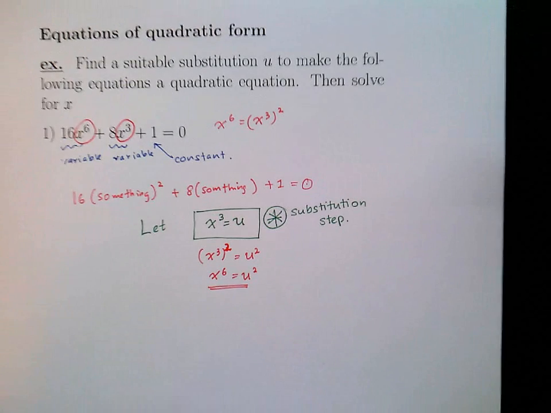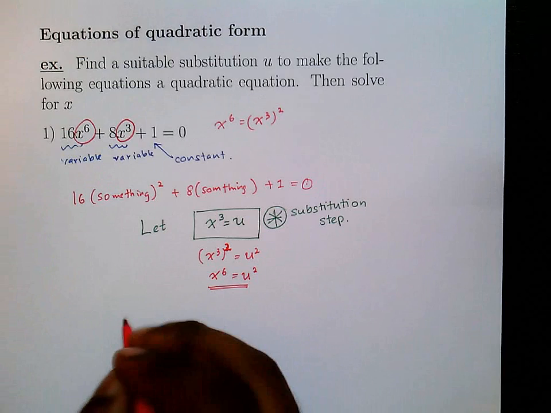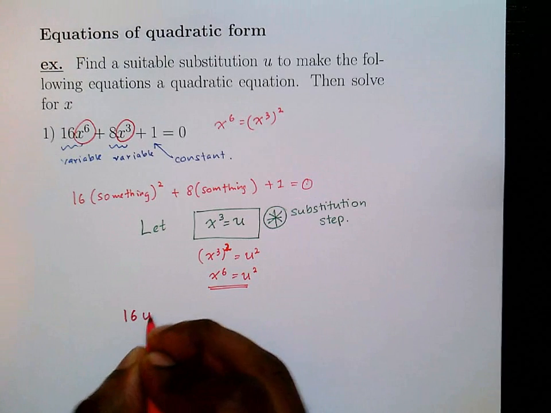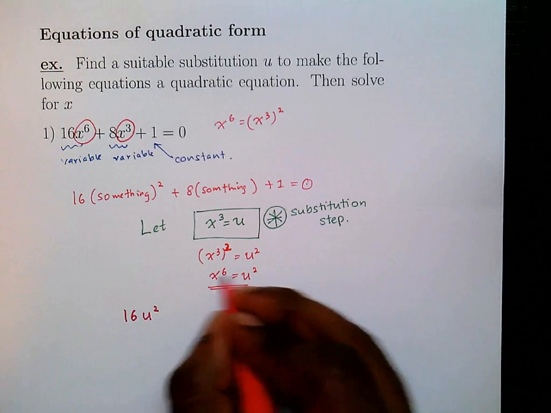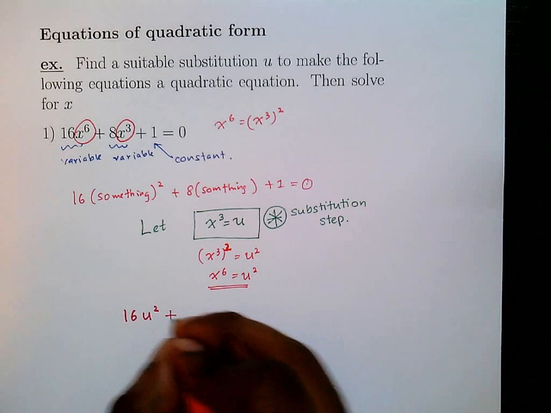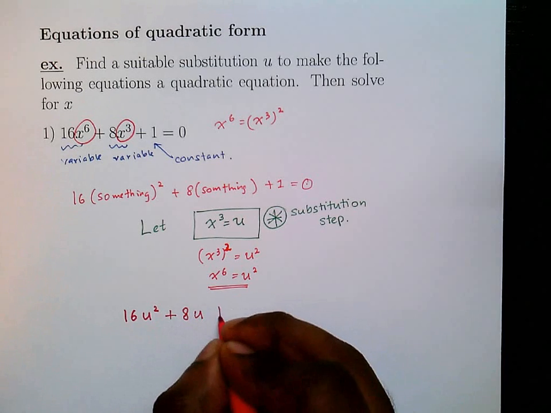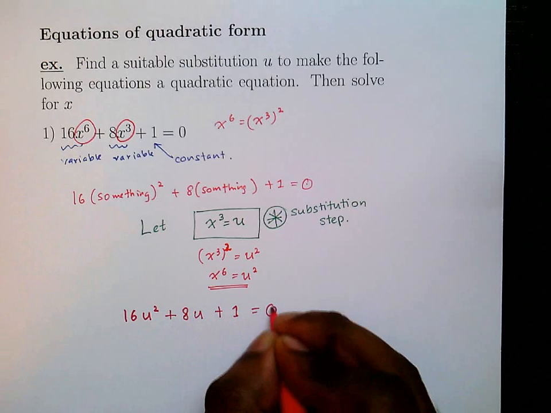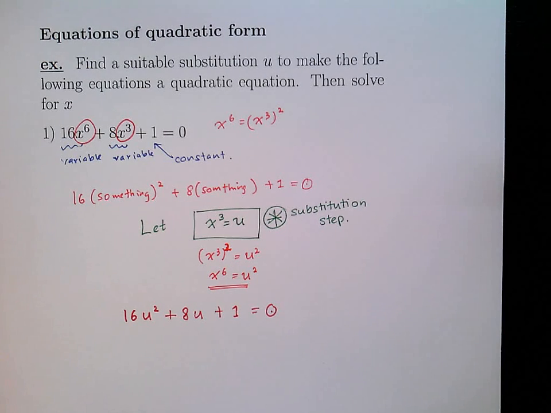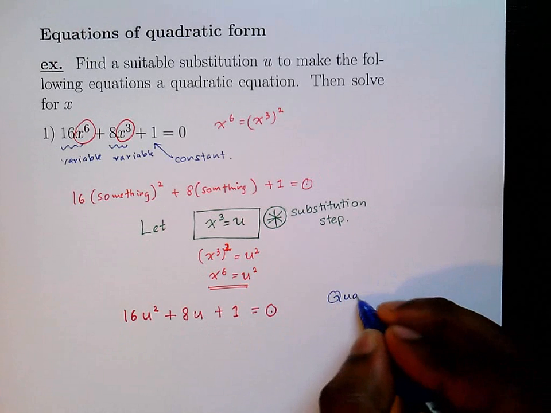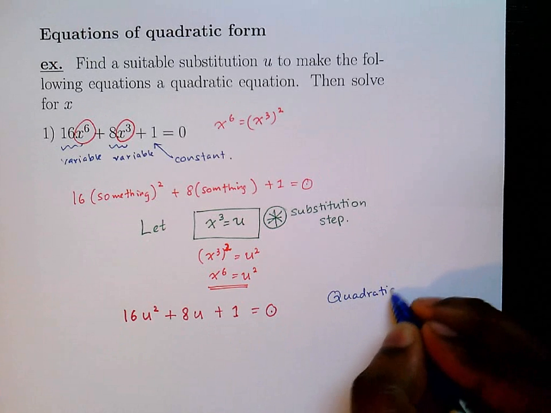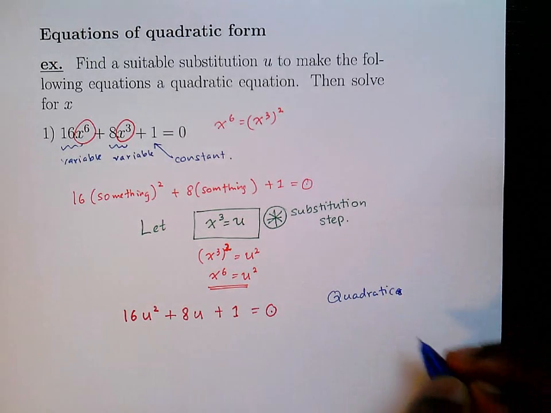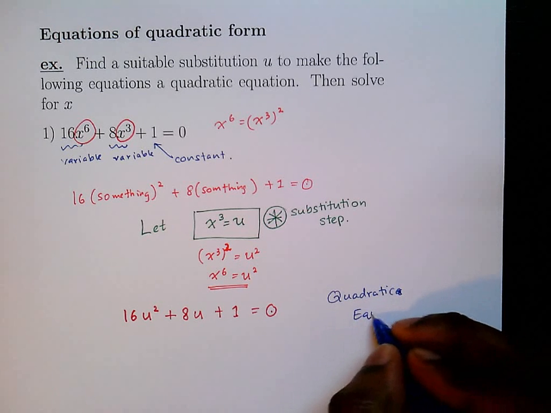So now make the substitution. You will end up with 16u squared, because x to the 6 is u squared, plus 8u plus 1 is equal to 0. Now that's a quadratic equation. It's not a quadratic equation in terms of x, it's a quadratic equation in terms of u.